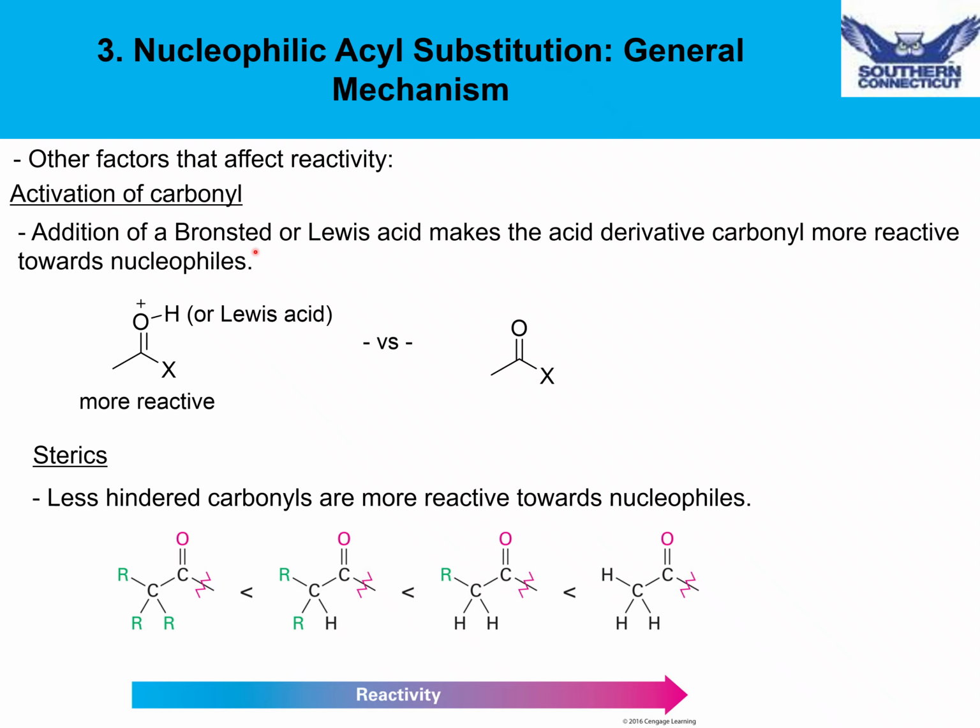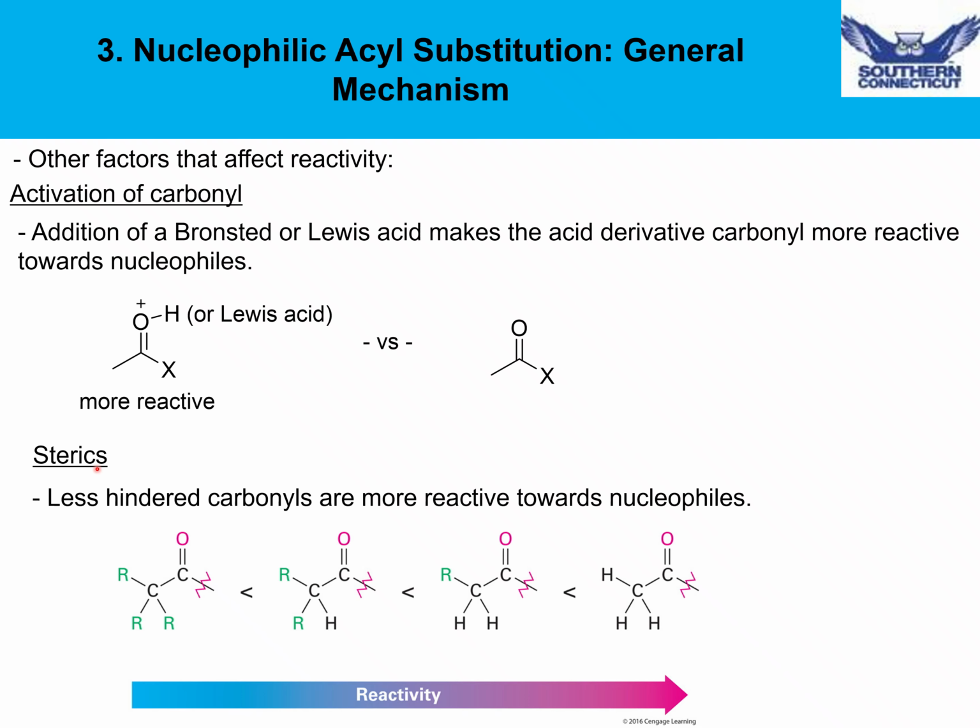So in general, a Lewis acid or Bronsted acid will bond to the carbonyl oxygen and form an intermediate like this that has a positive charge on the oxygen. That makes this carbon of the carbonyl more electrophilic than without that activation, that bond to the Bronsted or the Lewis acid.